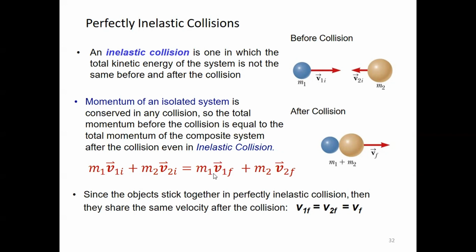So the final momentum is m1 v1f plus m2 v2f, and the inelastic collision is a collision in which the kinetic energy is not conserved. The objects stick together, making it an inelastic collision, and they share the same velocity after the collision as vf.